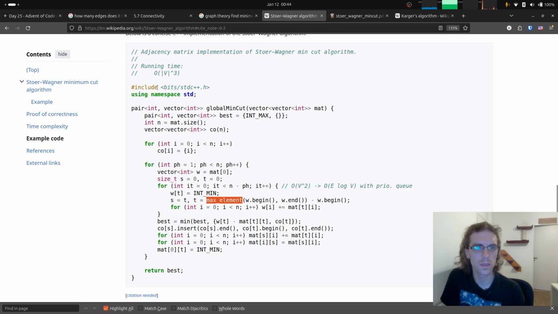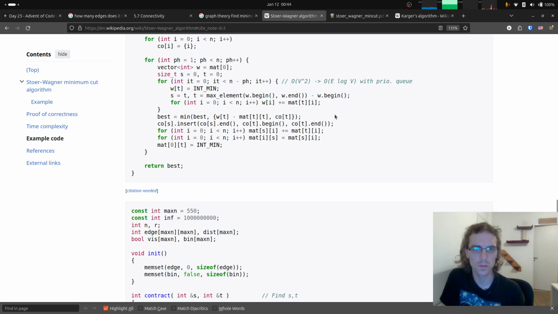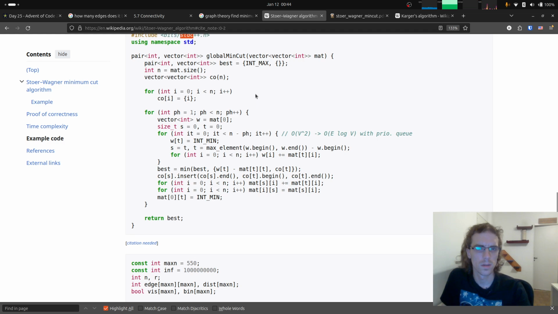And it's also using bits from the standard C++ header. Great. Okay, wait, is this all?